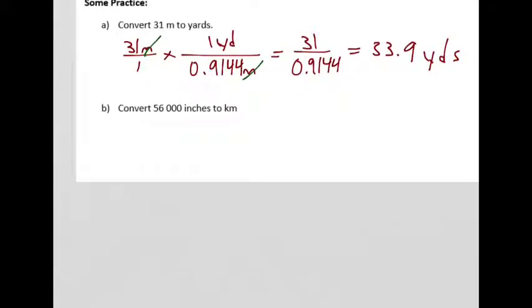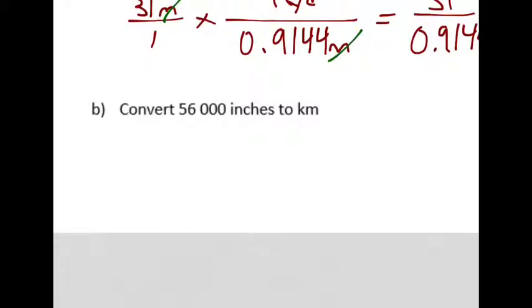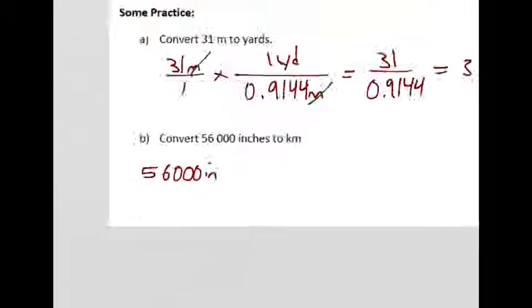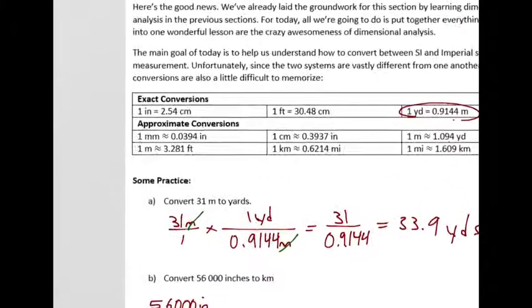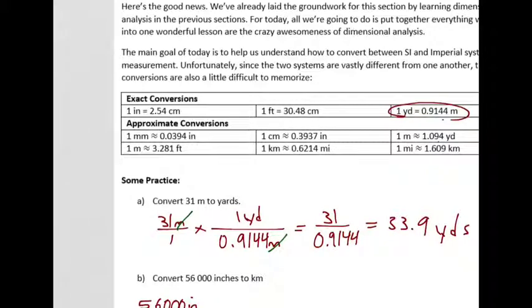56,000 inches to kilometers. Alright, let's tackle this. 56,000 inches. Put that over 1. Do I have something that takes me directly from inches to kilometers? Take a good look at that table. Is there anything there that goes inches to kilometers? Probably not, because an inch is like the width of your thumb.